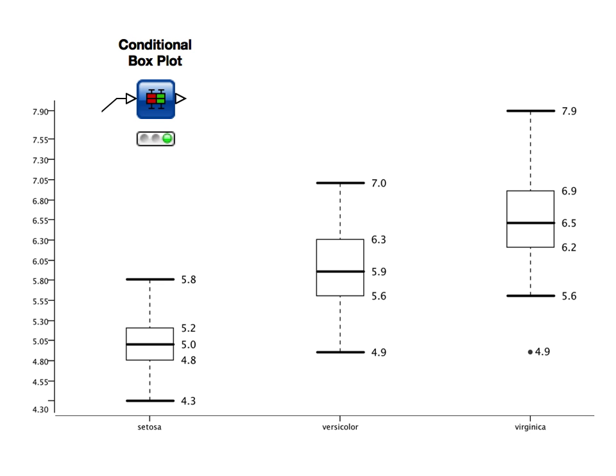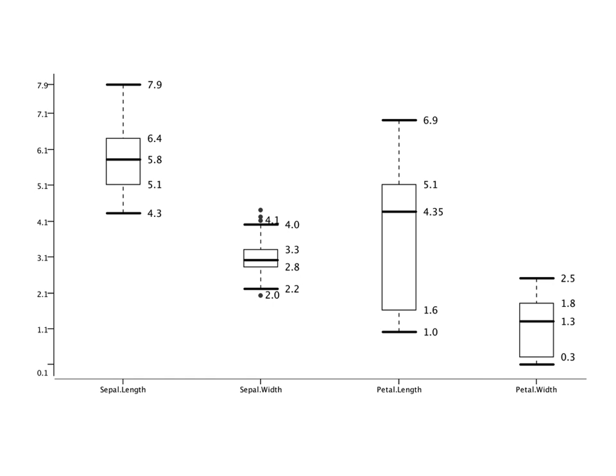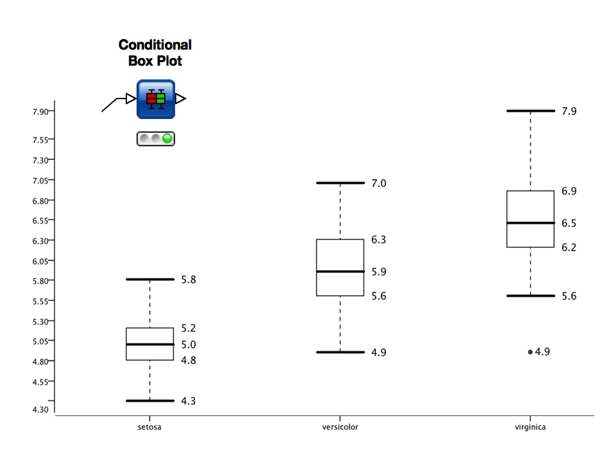Now there's another type of box plot called a conditional box plot, and this allows us to condition the values over, say, a categorical attribute. So this one is looking at sepal length. Sorry, I had to go back and see. This looks at the sepal length values, and you can see it starts for each of the different classes of iris. So sepal length for setosa, the values range from 4.3 to 5.8.